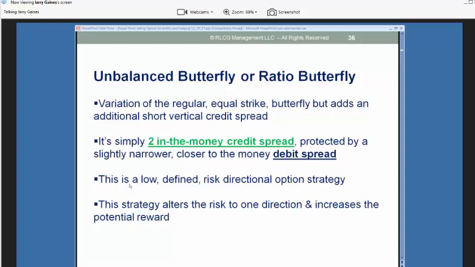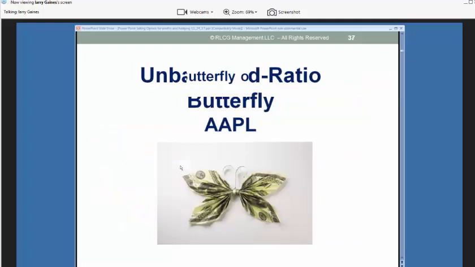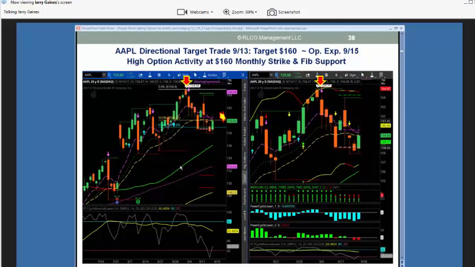So it creates a very low defined risk directional option strategy, and by using either calls or puts, you can alter the risk to one direction, which also increases the potential of your reward in that direction that you're structuring the trade for. Here's a really cool example of a trade setup that we did, an unbalanced or ratio butterfly on Apple. It'll show you just how tremendous the potential returns can be on very defined risk trades.